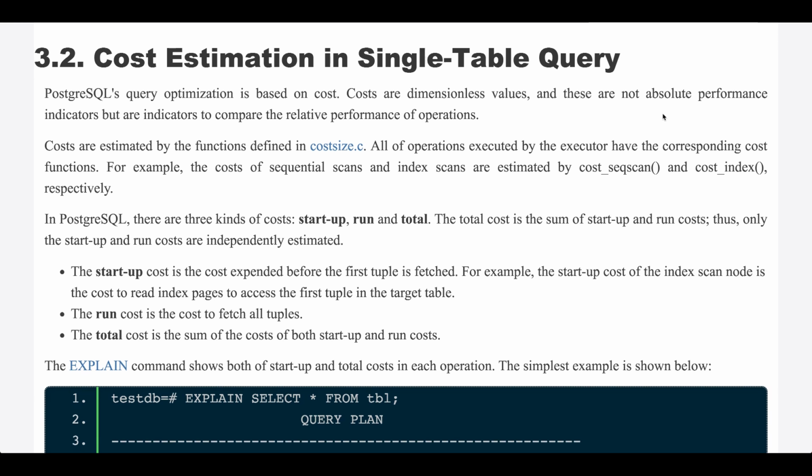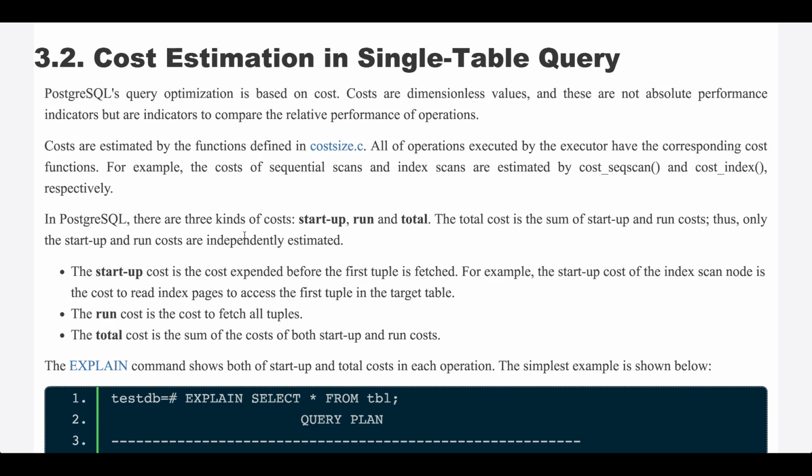Costs are estimated by the functions defined in costsize.c. All of the operations executed by the executor have corresponding cost functions. For example, the costs of sequential scans and index scans are estimated by cost_seqscan and cost_index, respectively.